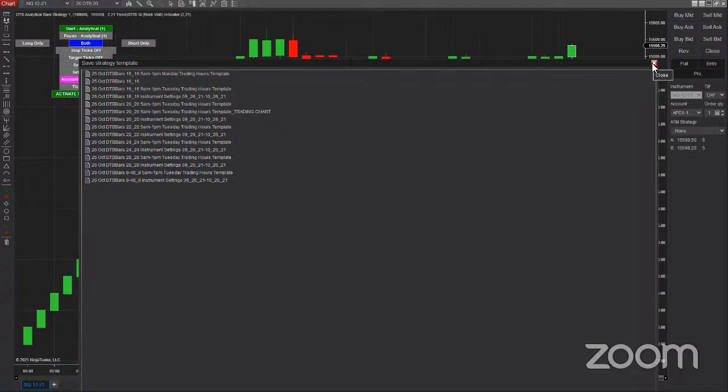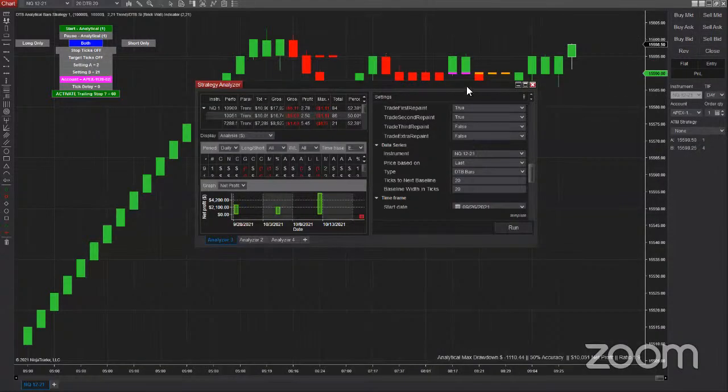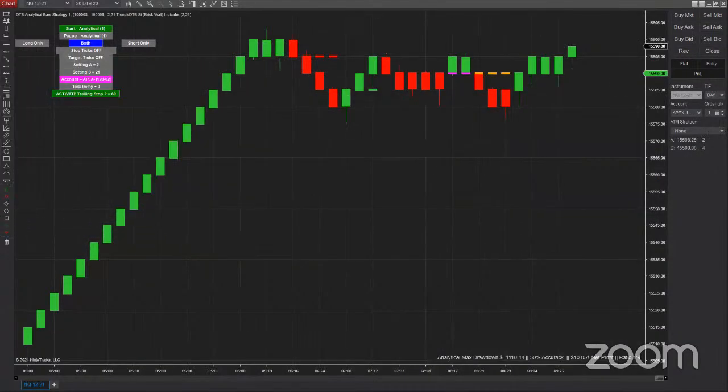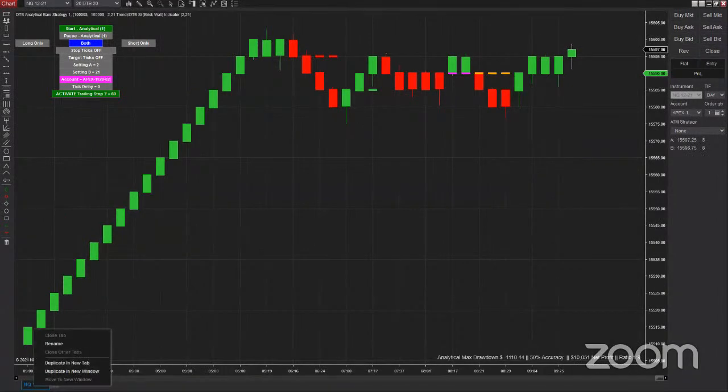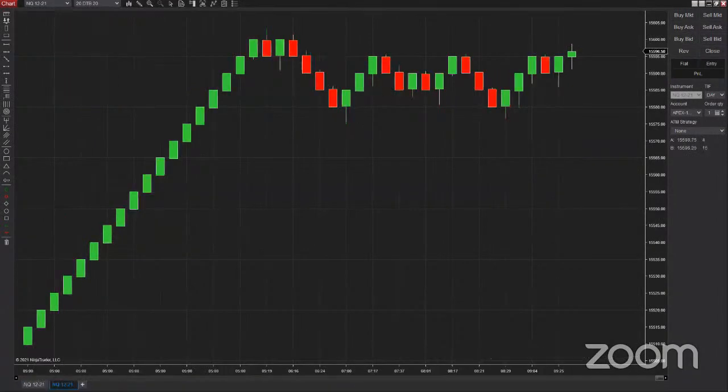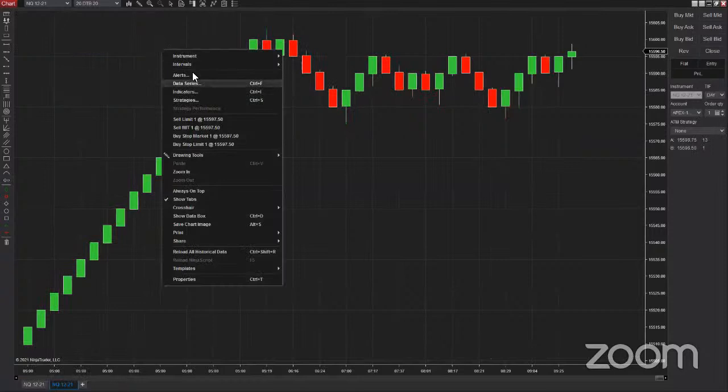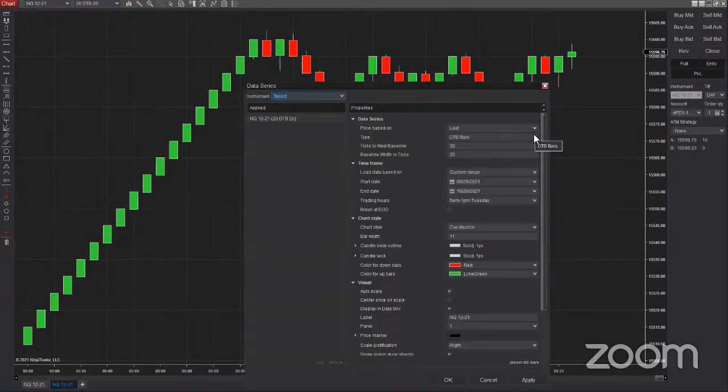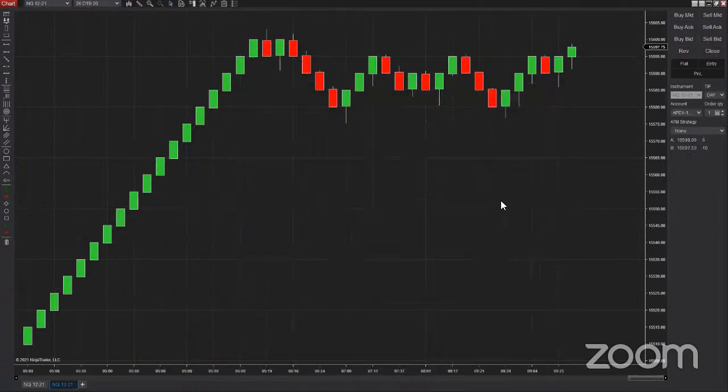Okay, so now that I've got this and I've got my chart, what I can go and do is duplicate this chart in a new window. I could just make this days, because what I want to do now is pop on some supporting indicators that we can reference during the session.